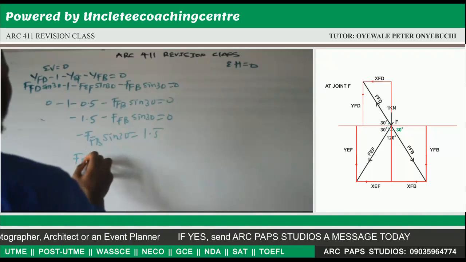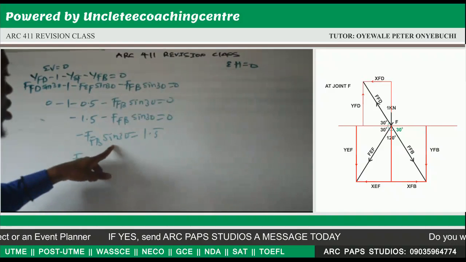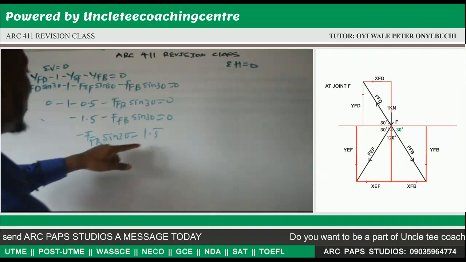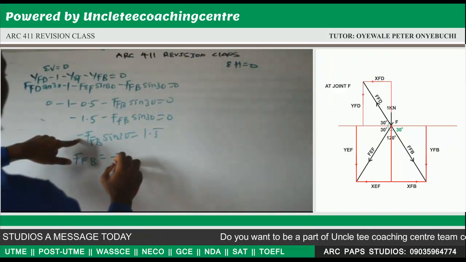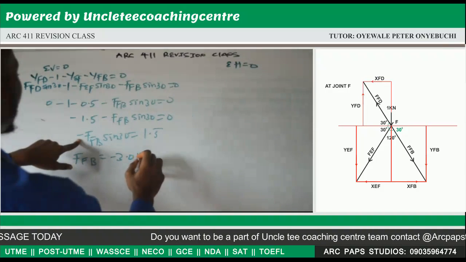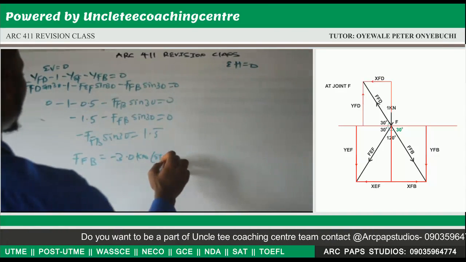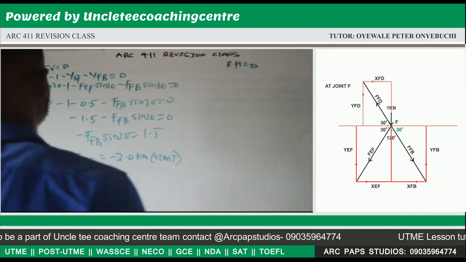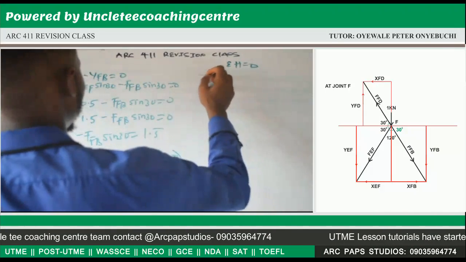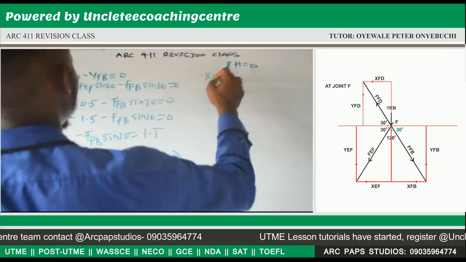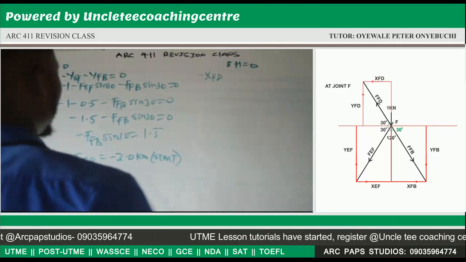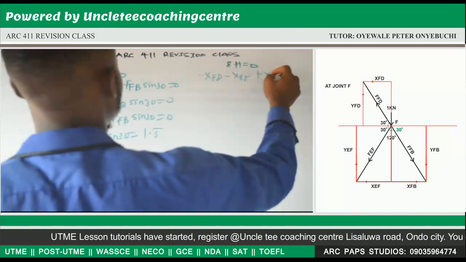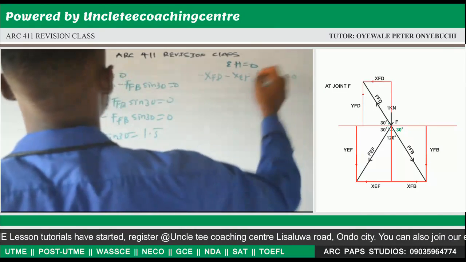Our FFB will then be, sine 30 is 1 over 2, 2 times 1.5, that is 3. With this sign, that will be minus 3.0 kilonewton with this strut. Now for our horizontal forces, minus XFD is following negative direction, minus XEF plus XFD will give us 0.